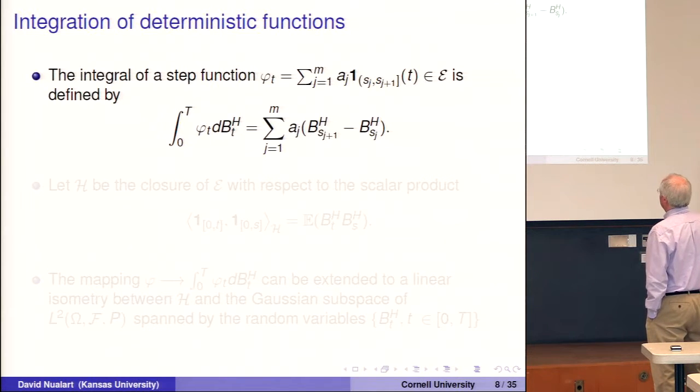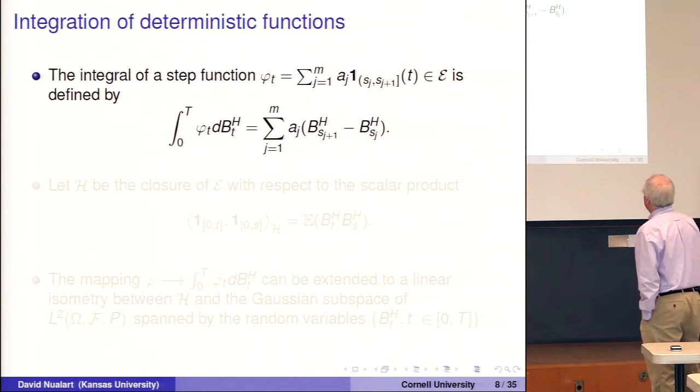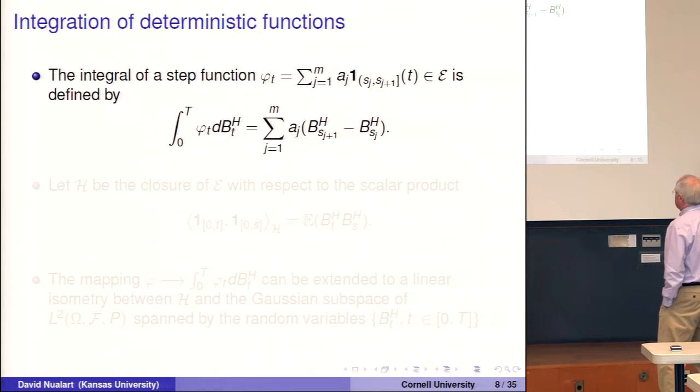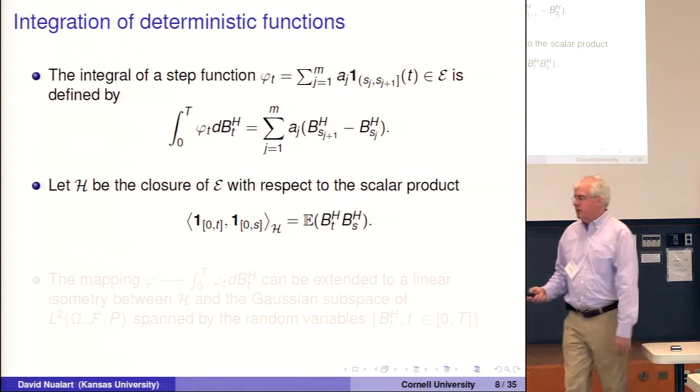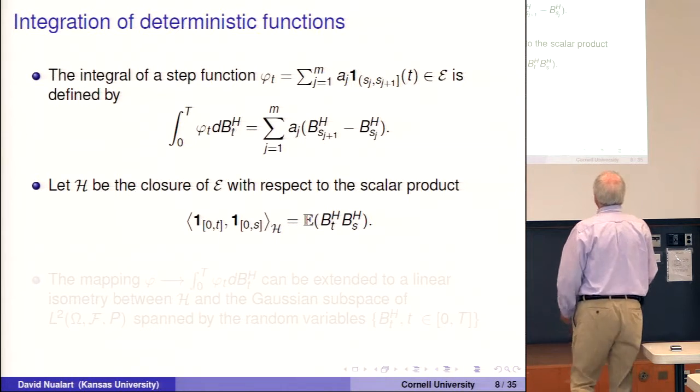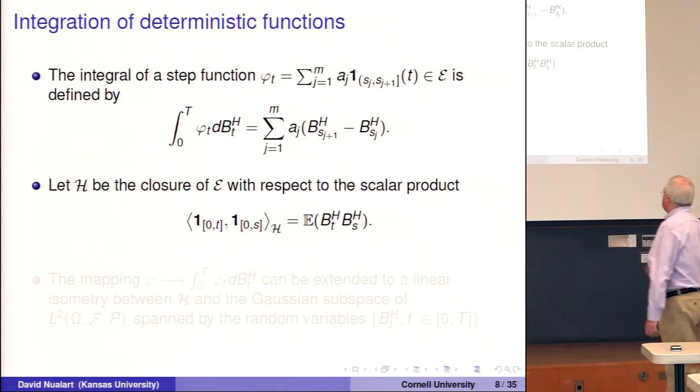So this means that the integral of an indicator function is just the increment of the process over this interval, and so this gives you an integral for a step function, which is a linear space. And then you take the closure of this space of step functions with respect to an inner product, and the inner product is, because you want to have an isometry, going to be just the covariance of the fractional Brownian motion.